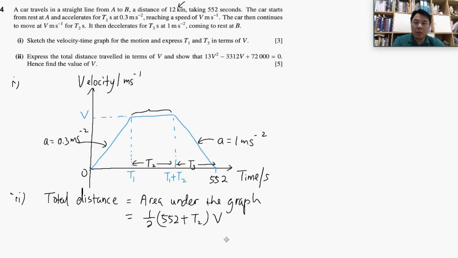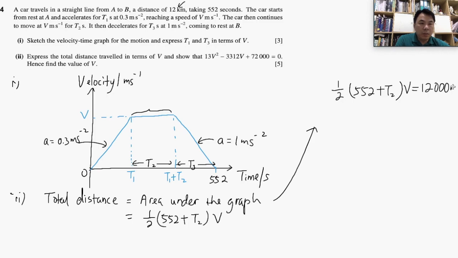Okay, so I hope that is clear. From here, we know that this total distance is given as 12 kilometers. So I can write down half of (552 plus T2) times v is equal to 12,000 meters.